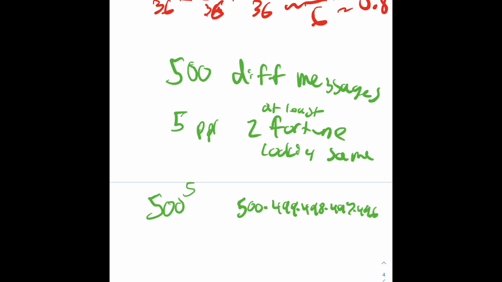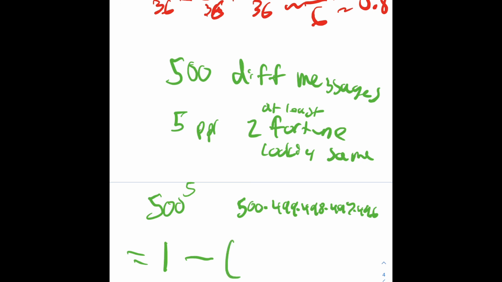So the probability that at least 2 people have the same message is that we are going to take what we started with, which is 1, and we're going to subtract the probability that none of them are the same.